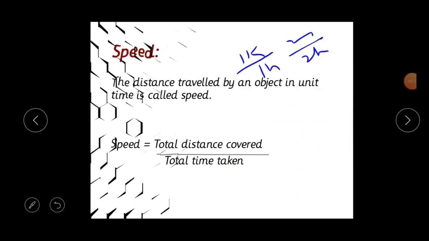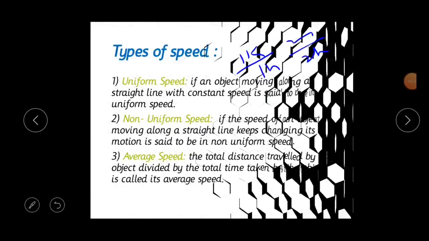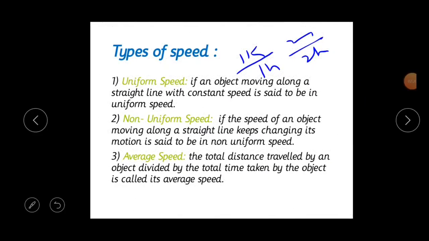For example, if the car is traveling 15 kilometers in 2 hours, here you can see the total distance, and this is the time taken.